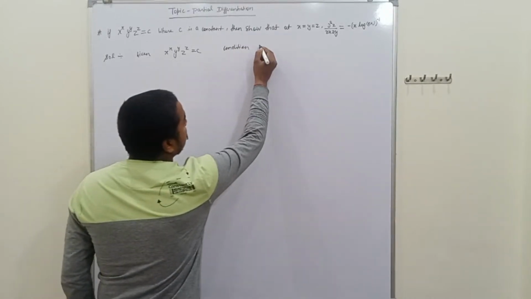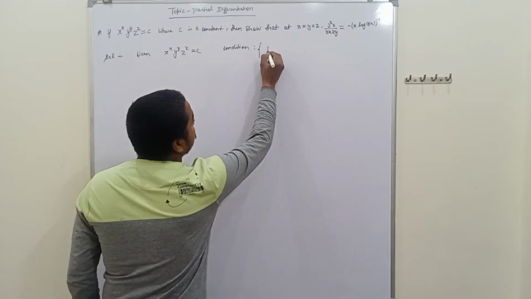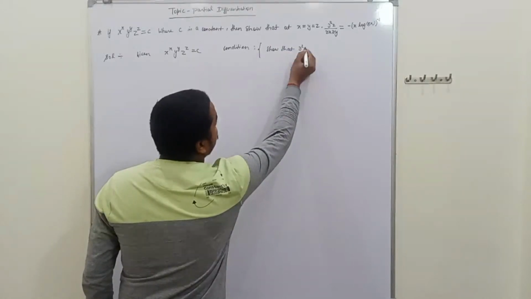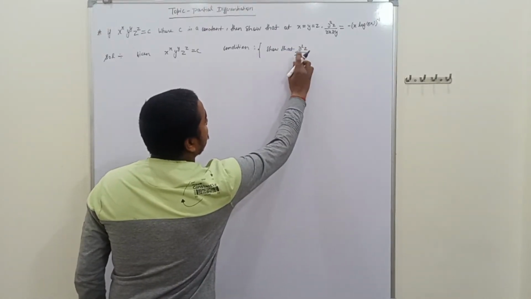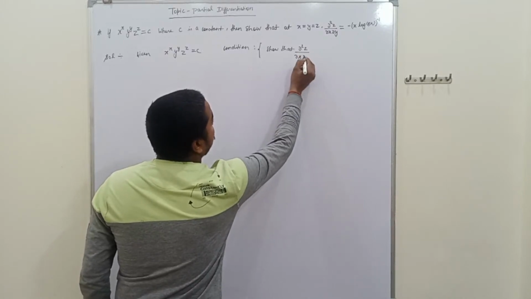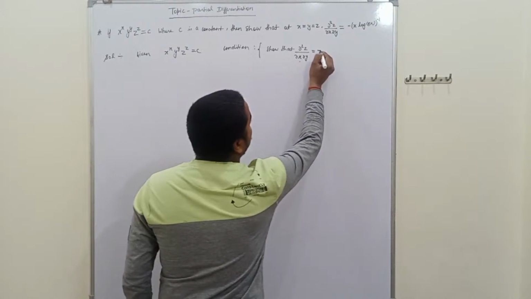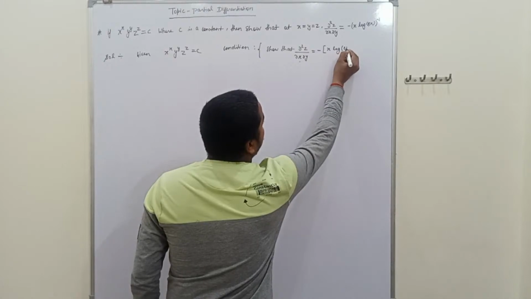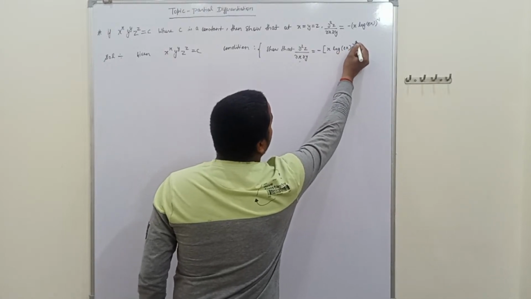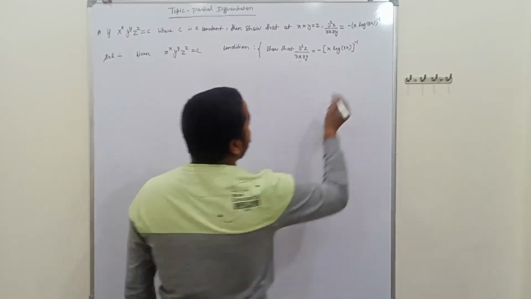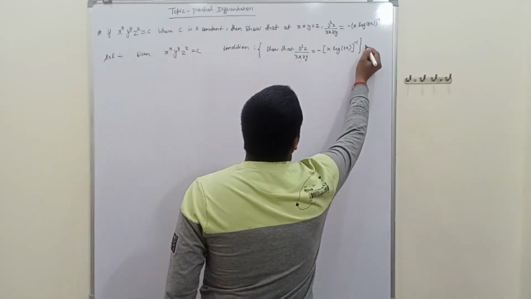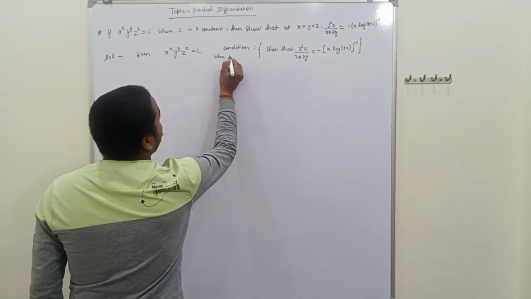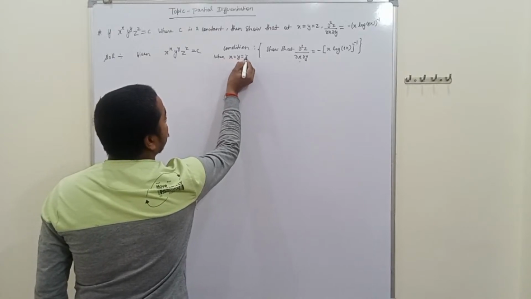We have to show that del z upon del x del y is equal to minus of (x log e x) to the power minus 1, when the condition x is equal to y is equal to z.